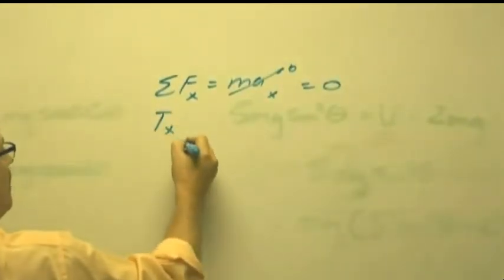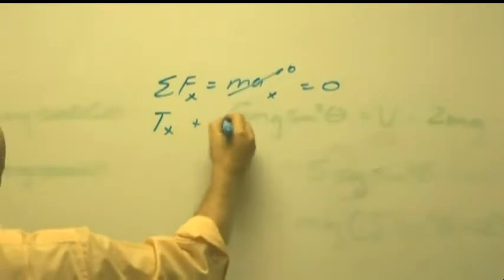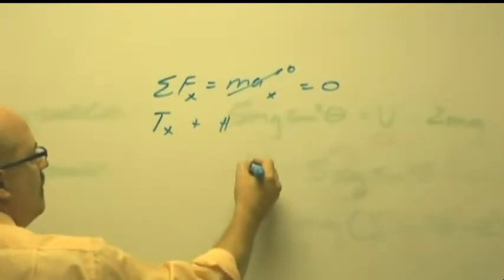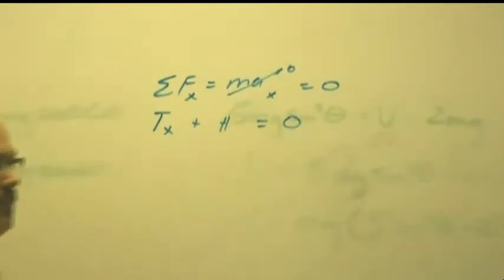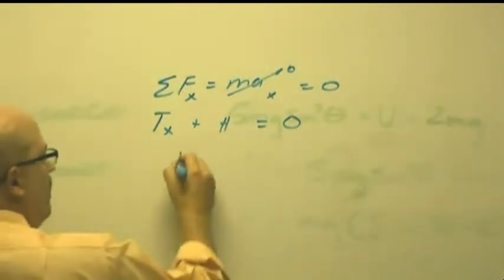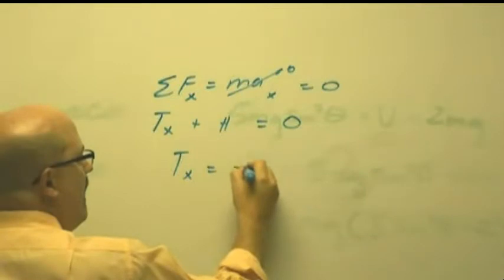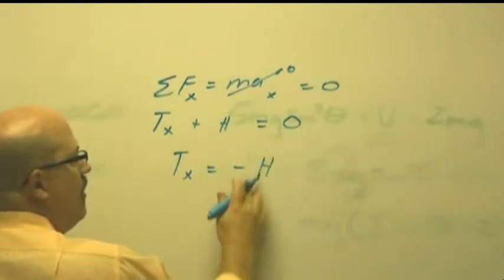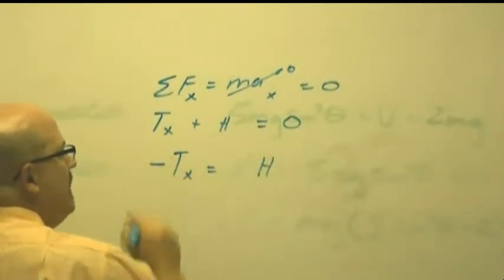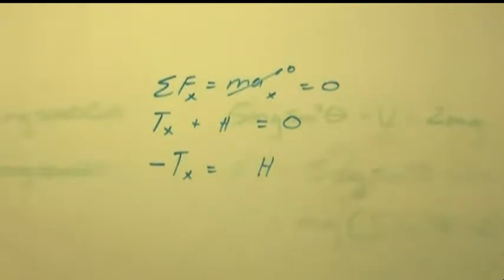But if I just say, look, I've got Tx going to the left, and I've got horizontal force going to the left, and they must add up to be 0. So what does that mean? That means Tx equals negative h, or h equals negative Tx. What does that mean? That means that my h has to be a negative force.